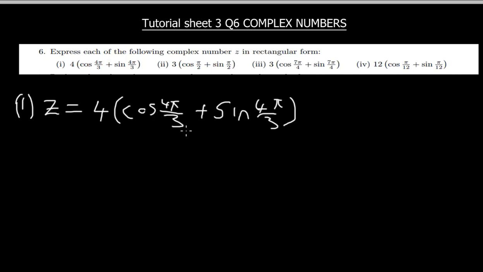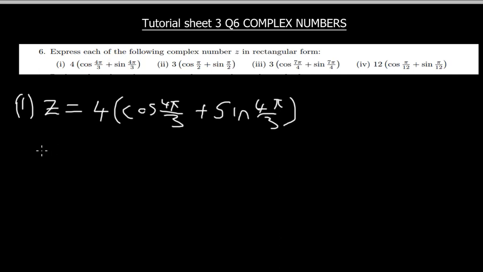So what you do is, for you to calculate this easily, I would advise you to convert this angle to degrees. When you say cos 4 pi over 3, some of you don't even know what this means. So the best is you convert the angle to degrees so that it becomes easier for you.